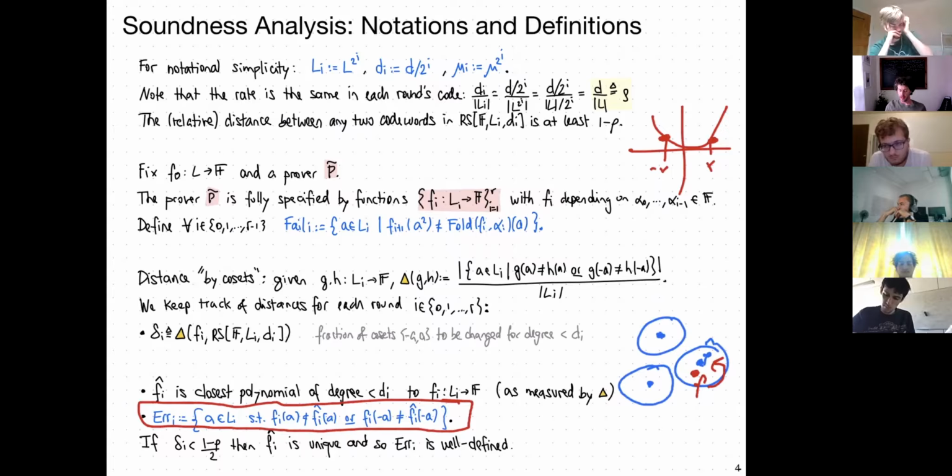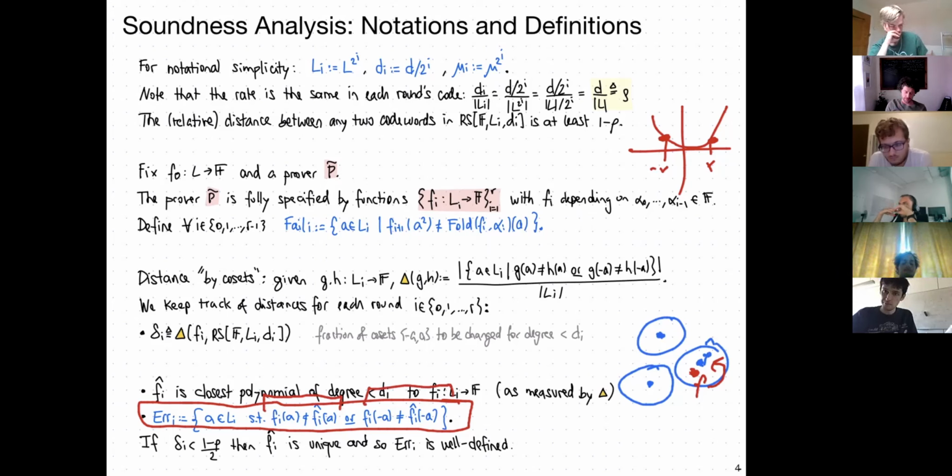So this tells us at what locations the function does not agree with its polynomial correction, the closest polynomial. And notice that this is also in coset distance. So it suffices that it doesn't agree on the positive or on the negative part, and we still count that as a distance.